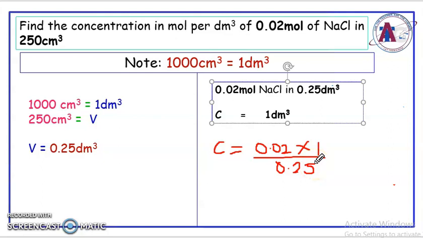This will give us 0.02 divided by 0.25, which equals 0.08.